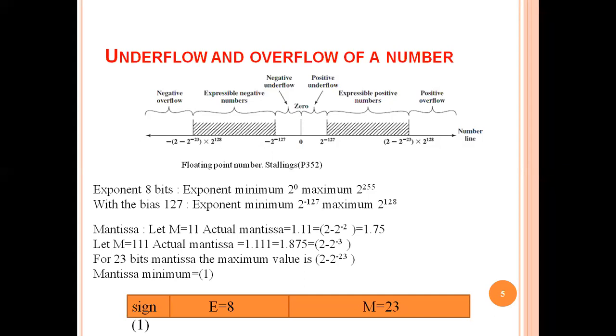Okay. Now try to understand it. We know that the IEEE 754 number is a 32 bit number. Why 32 bits? 1 bit is the sign bit, 8 bits are the exponent, and the mantissa is 23 bits.